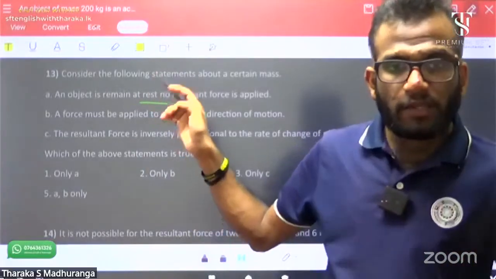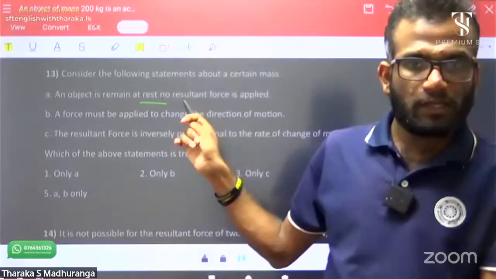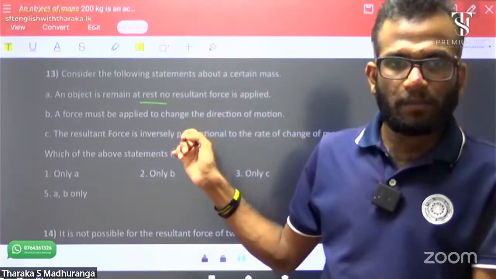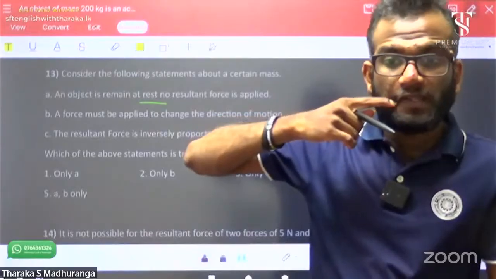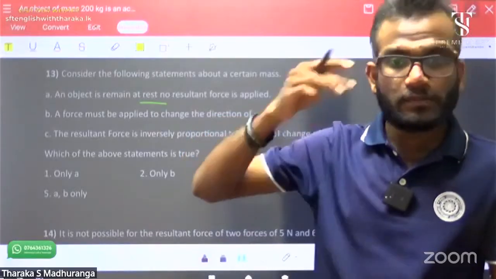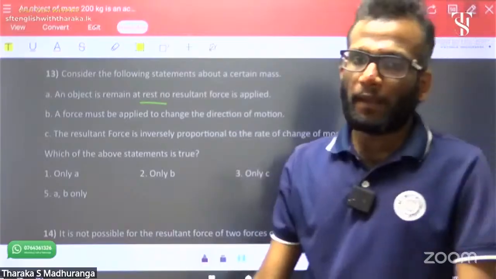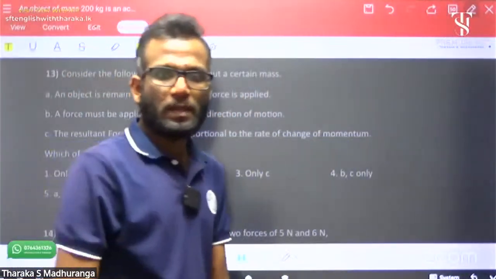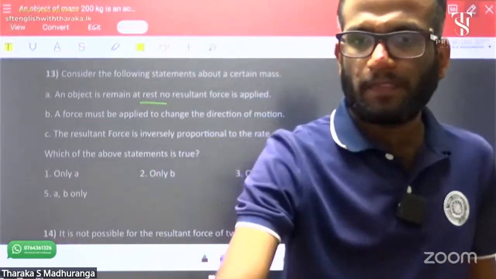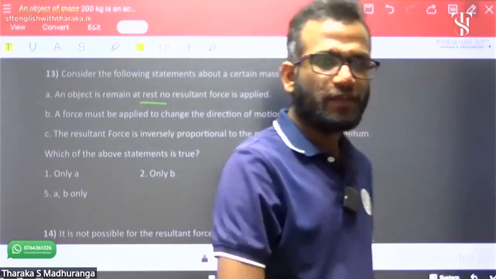An object remains at rest, then what is the Newton's law? Then first law, very good.